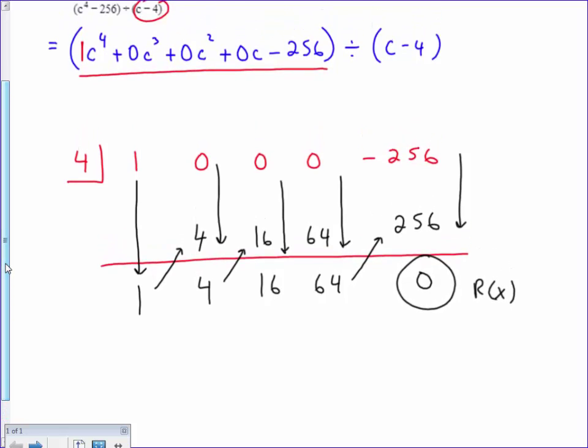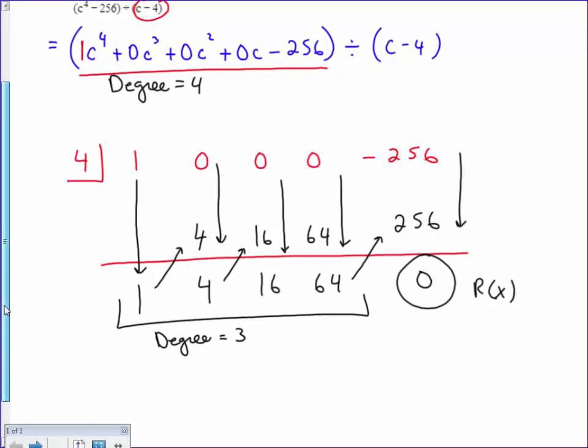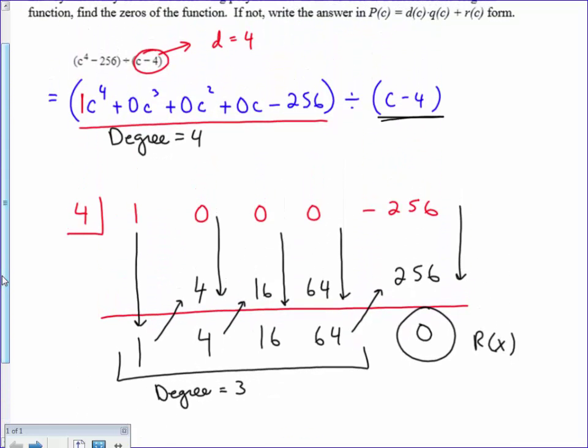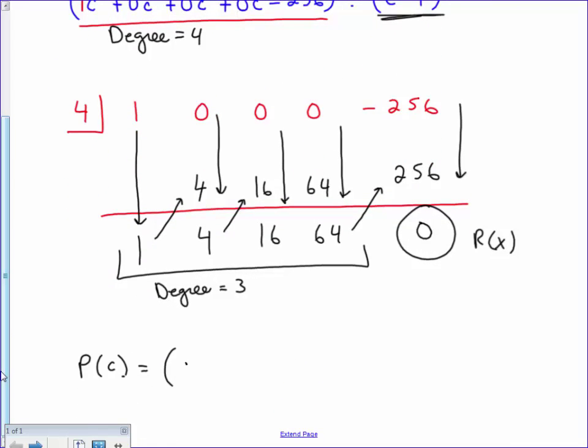And then my answer, notice that the degree on my original polynomial was 4. This would represent the coefficients on my quotient. The degree of that polynomial would be 3. Okay, so let's write our final answer. We'll write it P of, I guess we need to use C in this case and not X. P of C equals, what did we divide by? We divided by C minus 4. And then what is our answer?